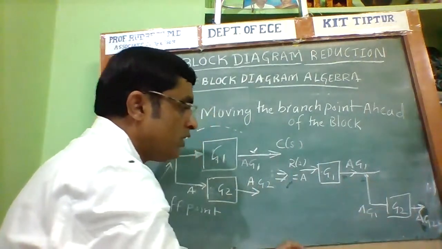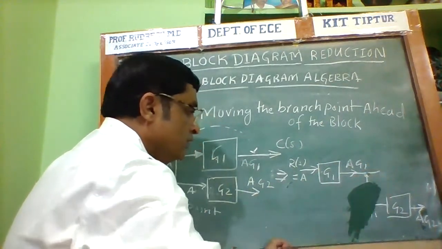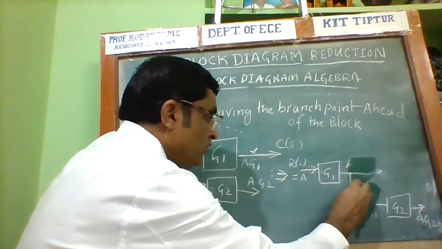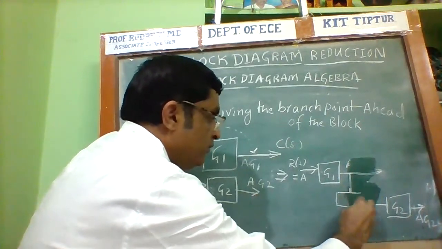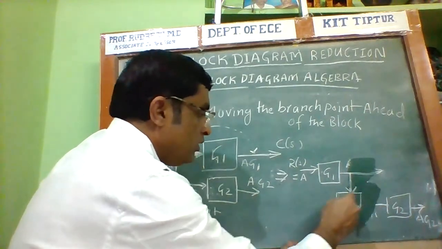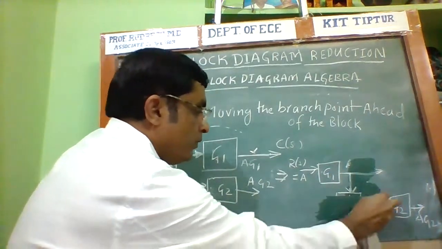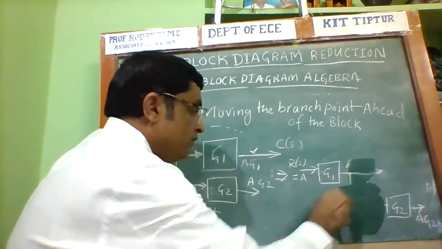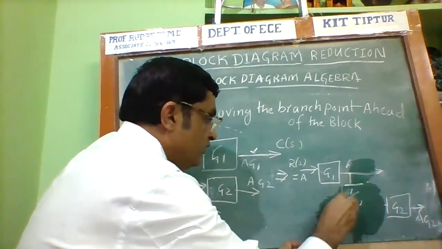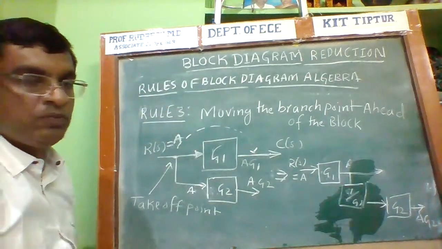Then the corresponding block, this branch must be multiplied by 1 over G1. If I place 1 over G1 here and input here, then what will be the output?